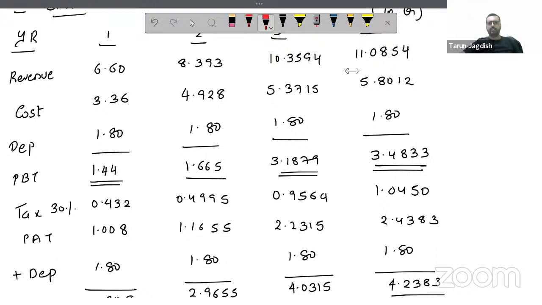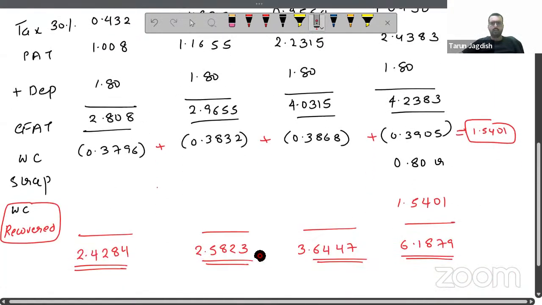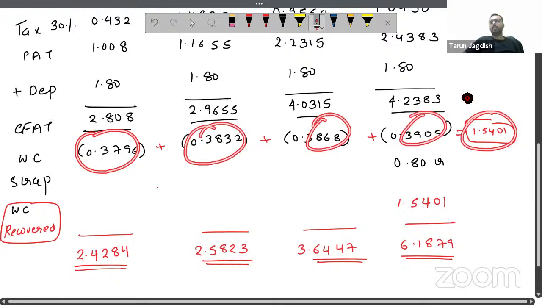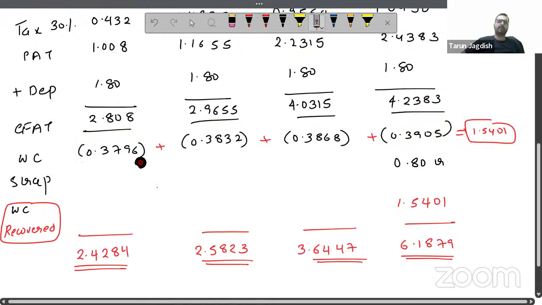Yeah, Harshini, we just added these four numbers. See, working capital, every year they're investing money, right? Let's go down now. See this plus this plus this plus this. If you add up, you will get 1.5401.